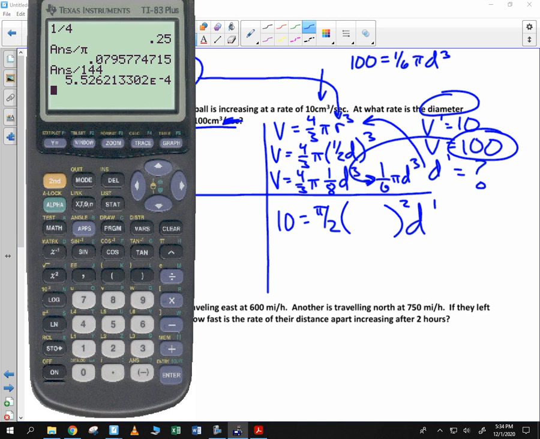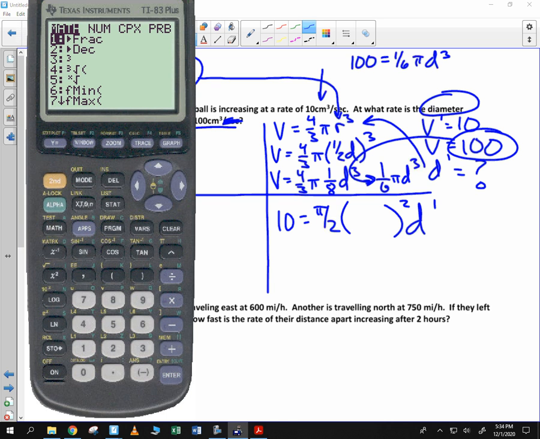I'm going to go ahead and turn this on. Take 100, and I'm going to multiply by 6 to get rid of that 1/6. I will divide by pi, and then I'm going to take the cube root. I get 5.76.